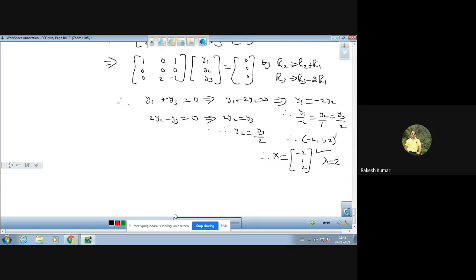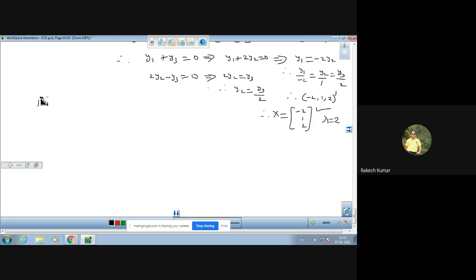Now, for the last eigenvalue lambda is equal to 3, we shall have another eigenvector, that is z1, z2, z3. This is just a name of the values of the vector. So you can use Ax is equal to lambda x.